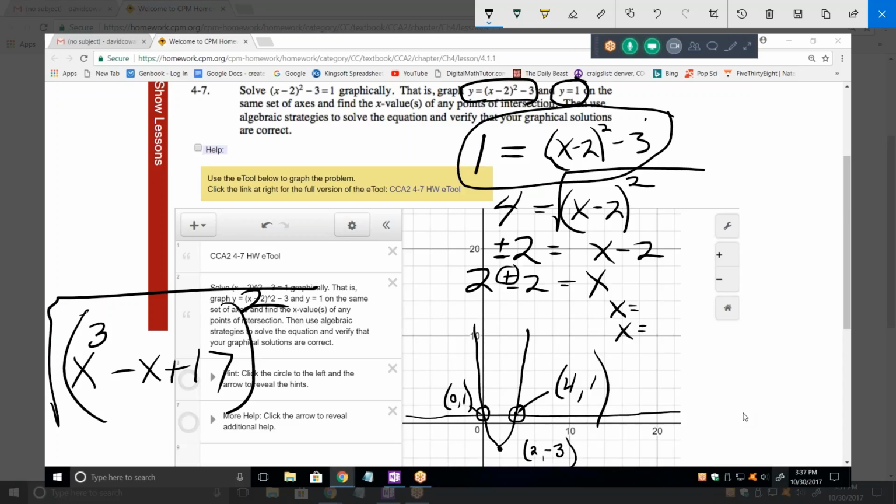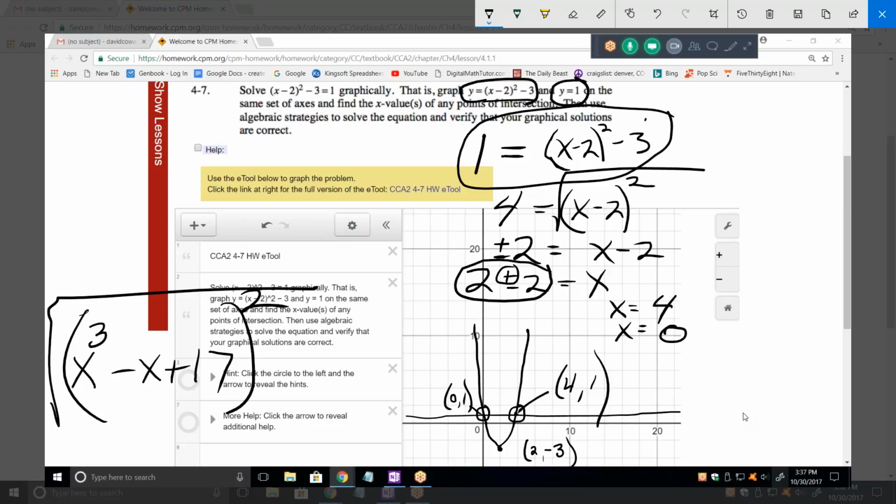So what's the first answer? First answer is you use the plus. So 2 plus negative 2? First answer, you use just the plus. So just 2 plus 2? Second answer, you use just the minus. So 0?